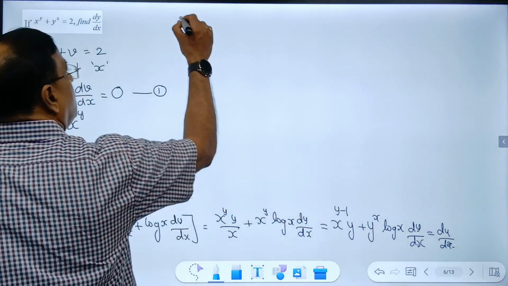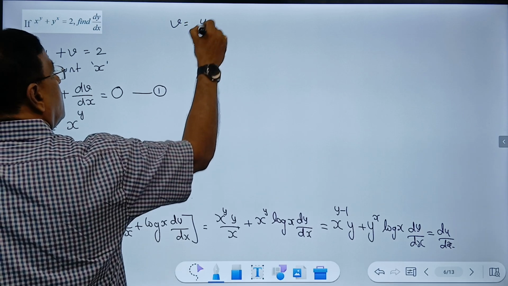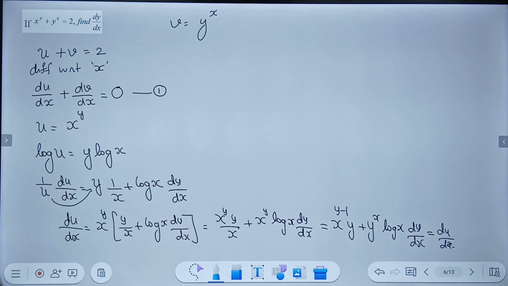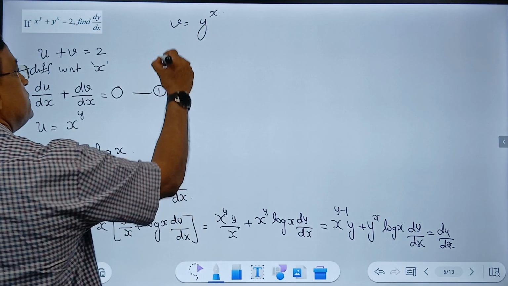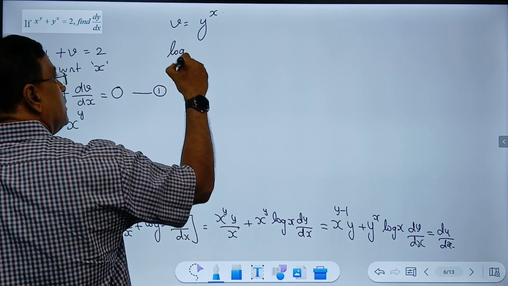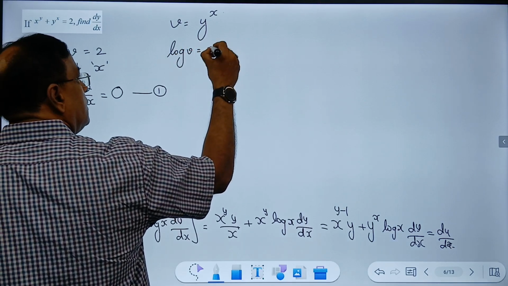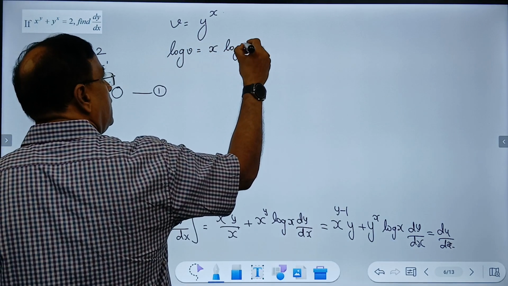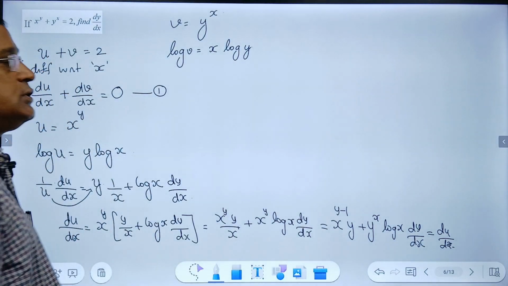Now what is v equal to? y^x. Again take log on both sides. When you take log on both sides, what do you get? log v = x log y. Now what is the differentiation of log v?